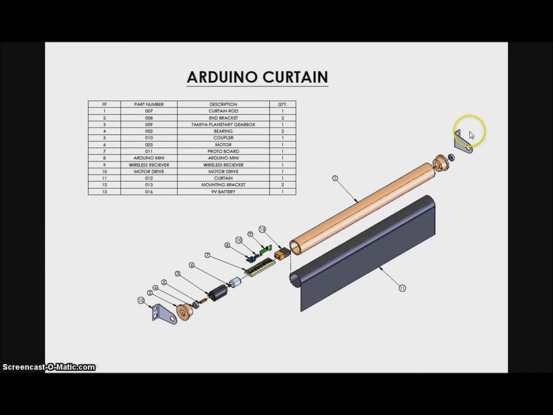The components are a curtain rod, a battery, wireless receiver, a DC motor H-bridge, an Arduino Mini, a DC motor, and then a gearbox that has planetary gears in it, which make it compact enough to fit inside the curtain rod. And then that is attached to the mounting bracket with a few other components.